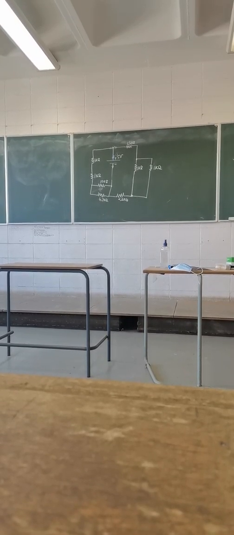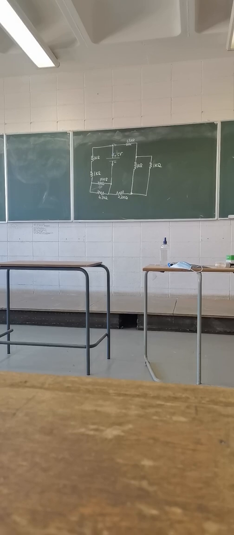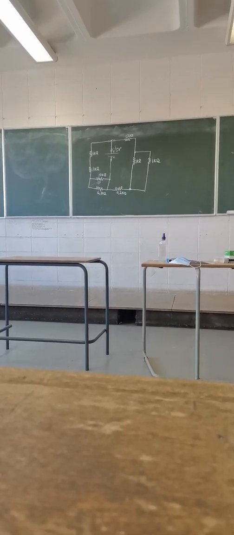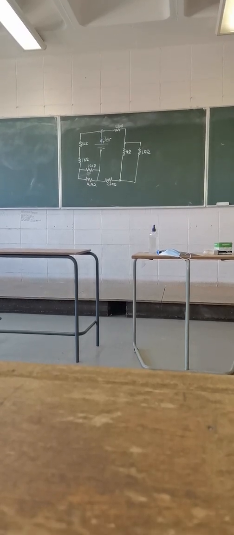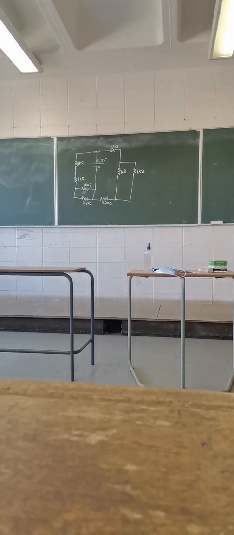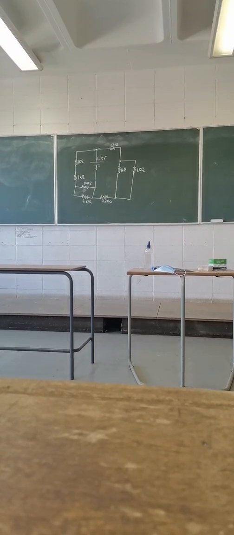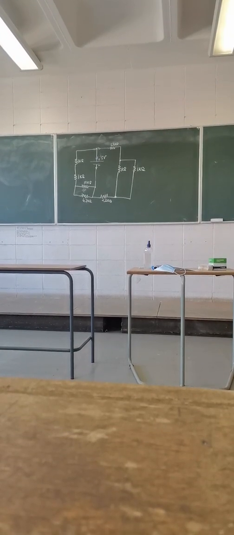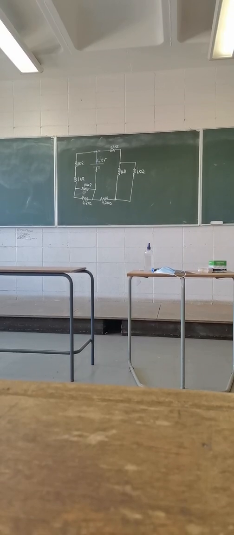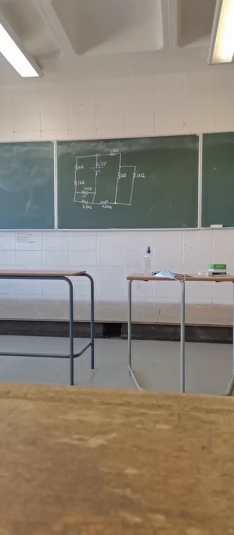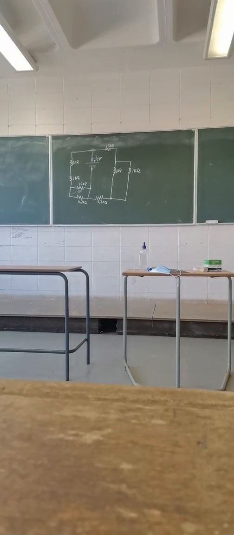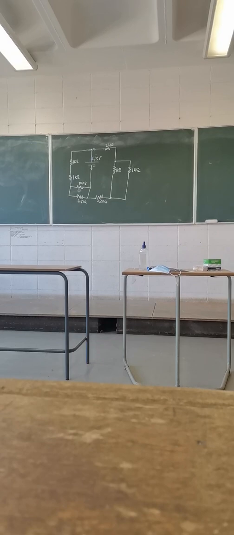Can you see that the sum is leaving the junction, and again, the sum is entering the junction? The sum, how it has left, must be the same as the sum, how it is entering.